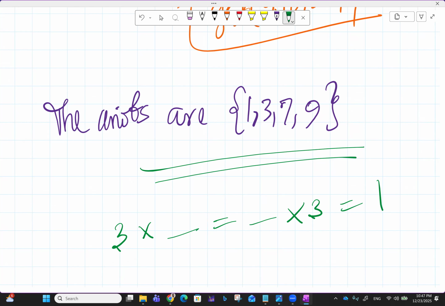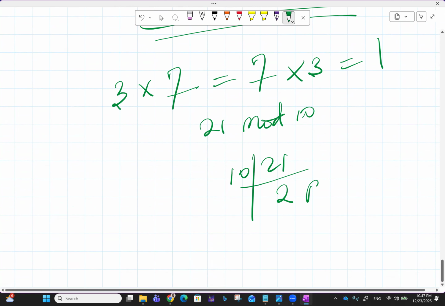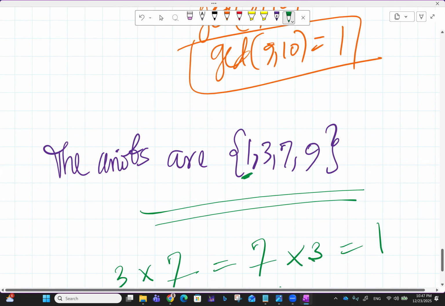In the case of 3, if you multiply 3 by 7 or 7 by 3, you get 21. But we are talking about mod 10. So 21 divided by 10: 10 in 21 is 2, remainder 1. So this 1, you have it right here.